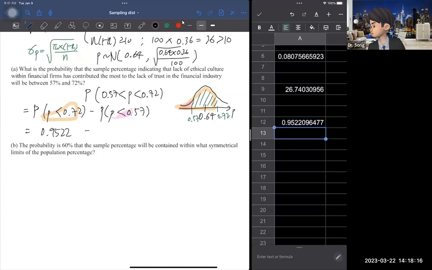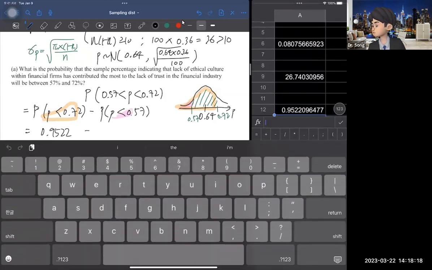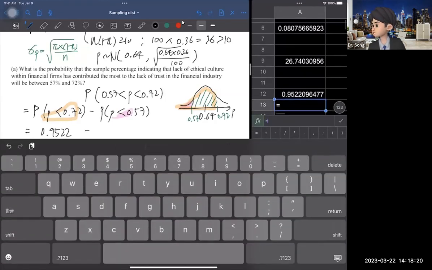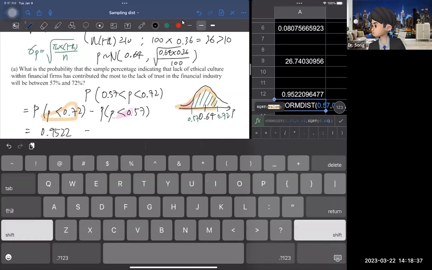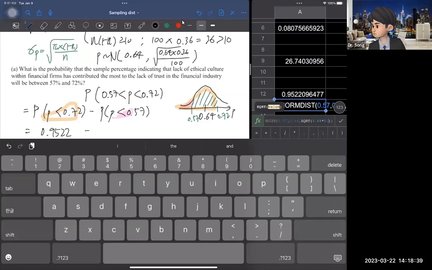And then let me find the second one too. So the probability the sample proportion is less than 0.57. So NORM.DIST, 0.57, mean equals 0.64, standard deviation is square root of 0.64 times 0.36 divided by 100.